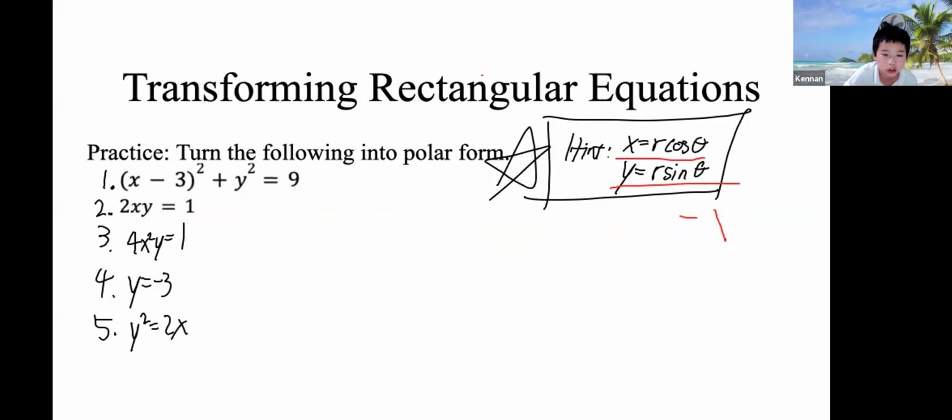But anyways, this one's straightforward. For number 3, it's a similar idea. We have 4x squared y equals 1.